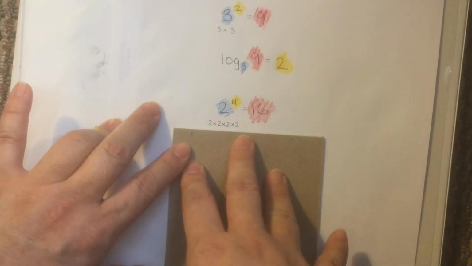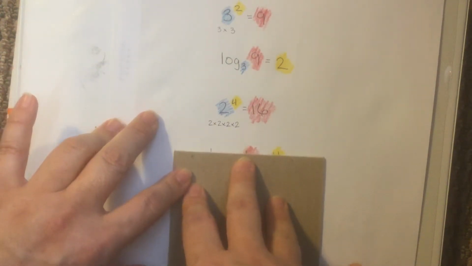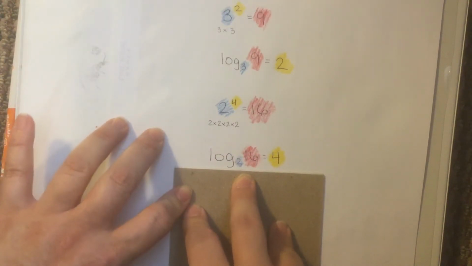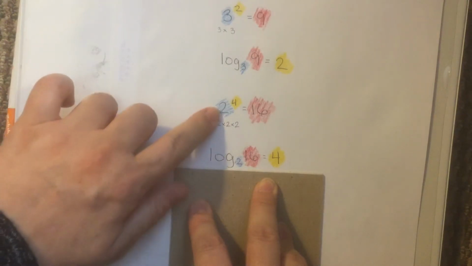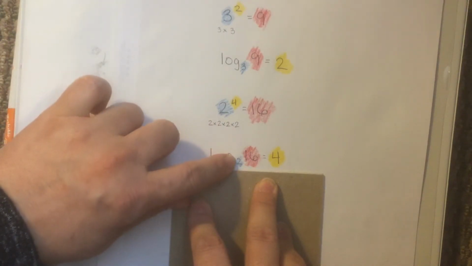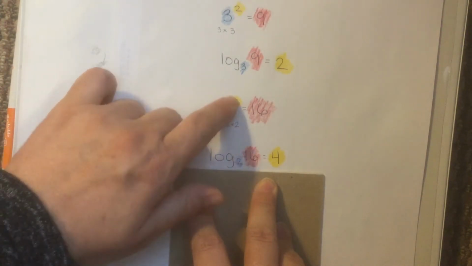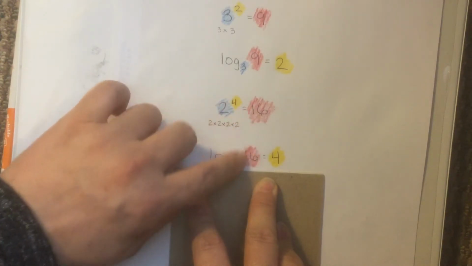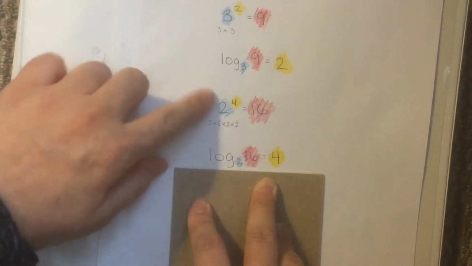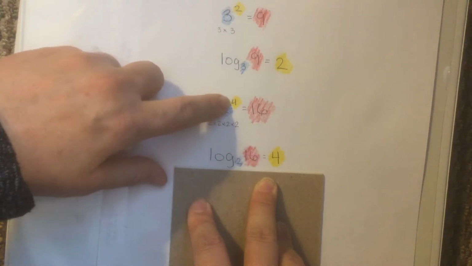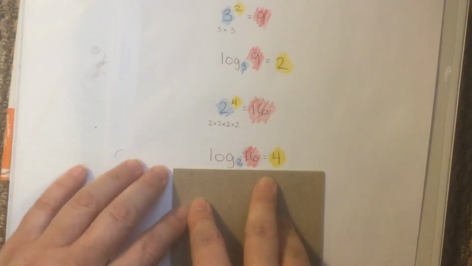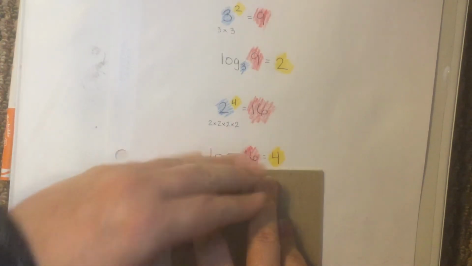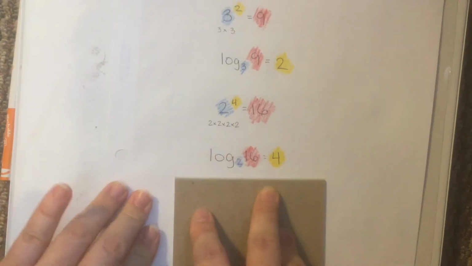It would be log base 2 of 16 equals 4. So the base becomes small and gets low down, and then the exponent and the argument switch places. The exponent's no longer small and high up as a superscript. It becomes regular size and on the same line as the 16 and the log.